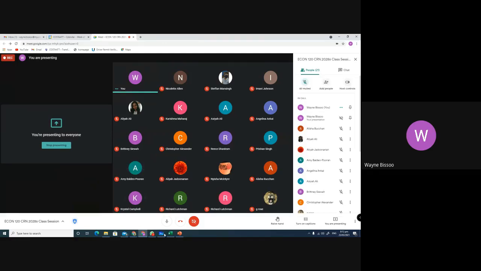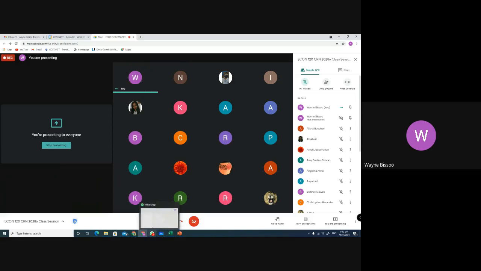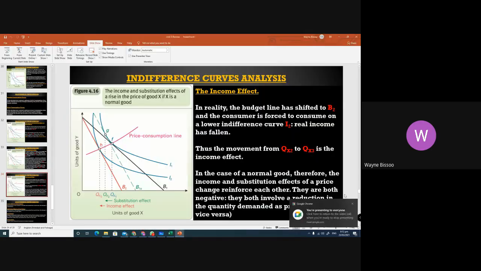What I wanted to point out to you guys is that, from a logical point of view, when prices go up, we have to expend more money on buying a good that has become more expensive, which causes us to lose income.